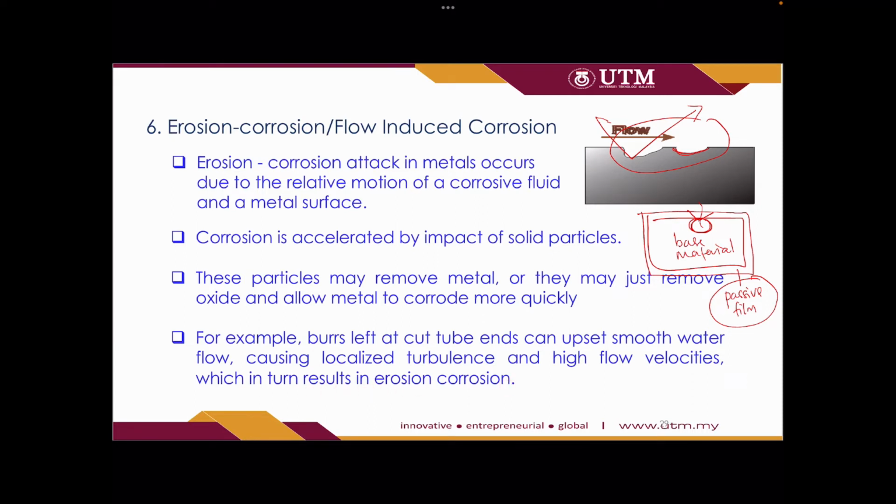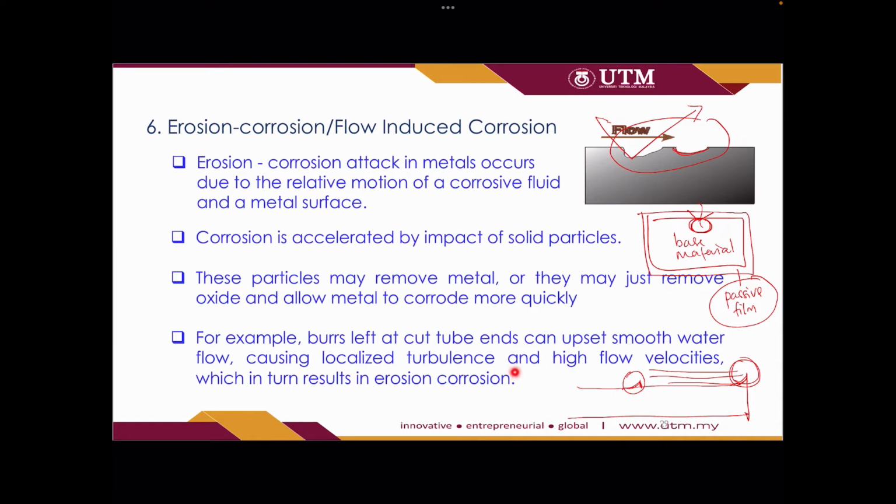So whatever the defects, for example, this is your pipeline, there are some defects somewhere here, like a burr or cut tube ends, for example, you cut this tube, there is some imperfection. So the water flow will be interrupted somewhere here, and this may give localized turbulence.